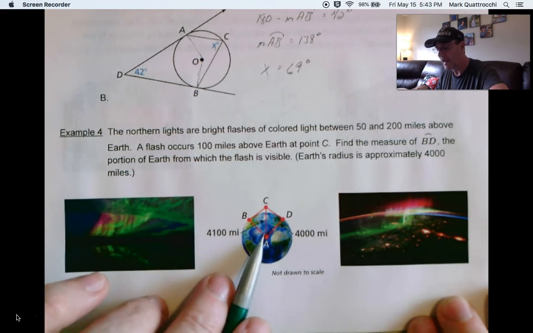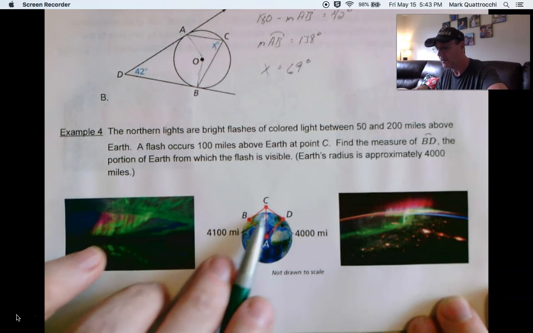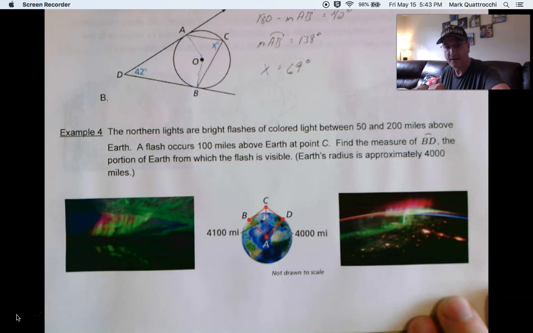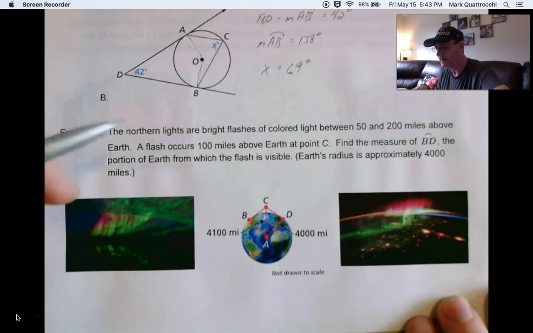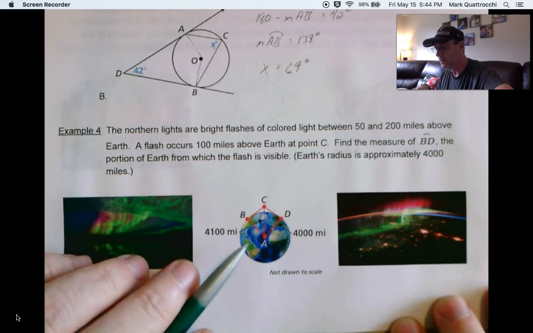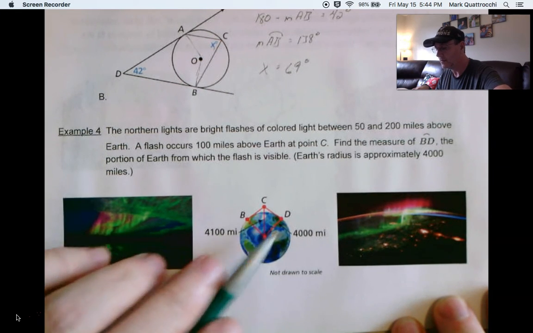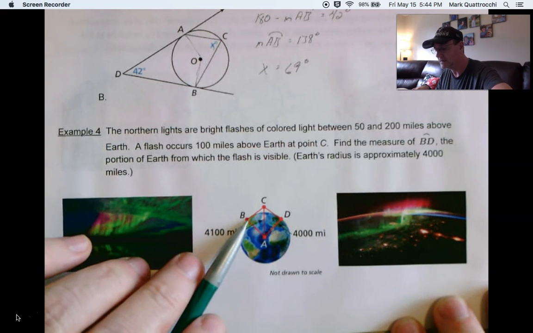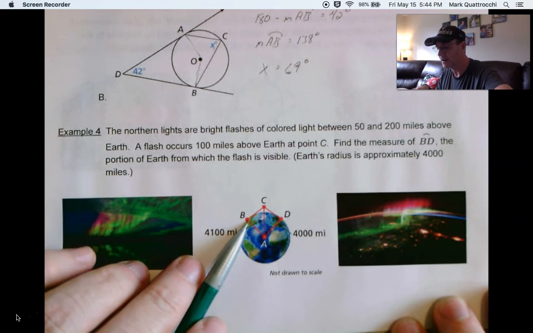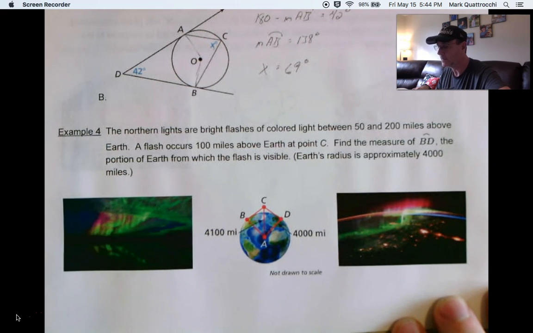What's this angle BAD and the arc measure BD to figure that out. So let's first find out the measure of angle BAD, which is the same as the measure of arc BD.